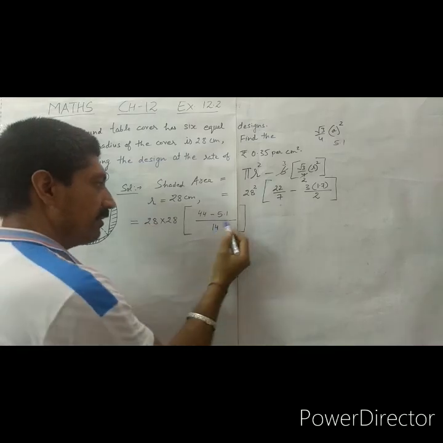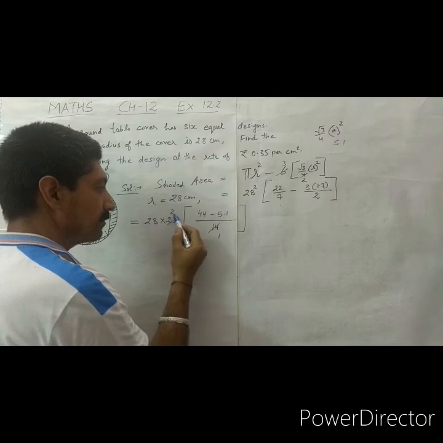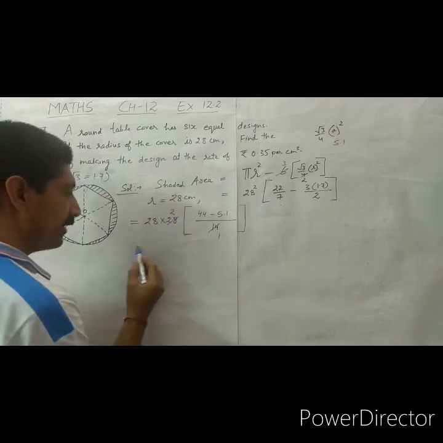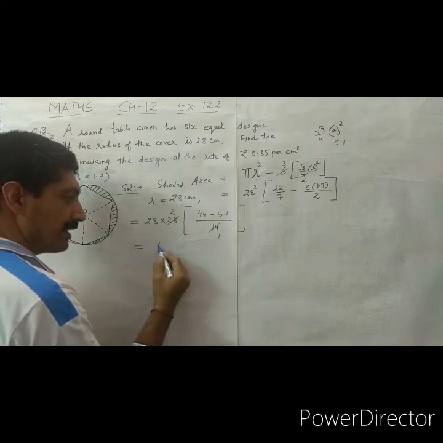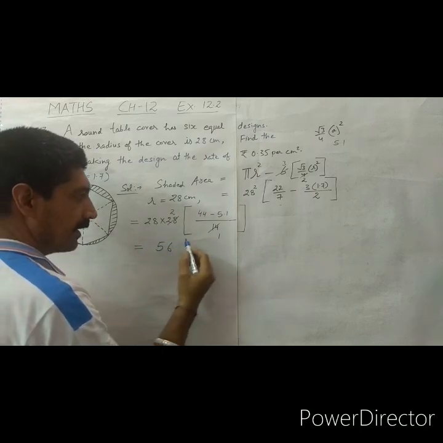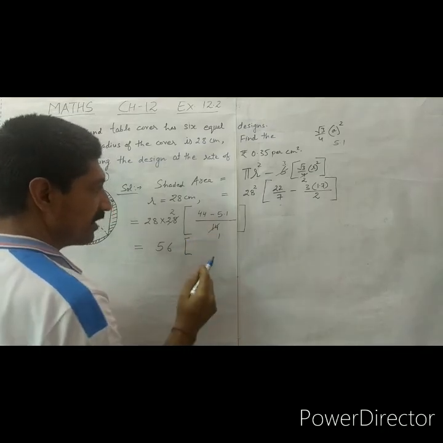28 into 28, 14 ones are 14, 14 twos are 28, and 28 into 2 is 56.